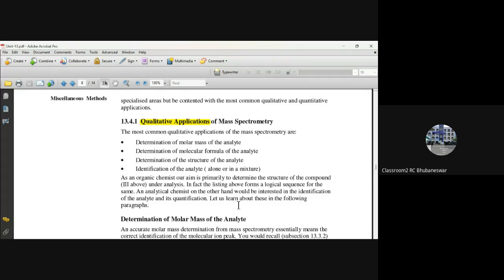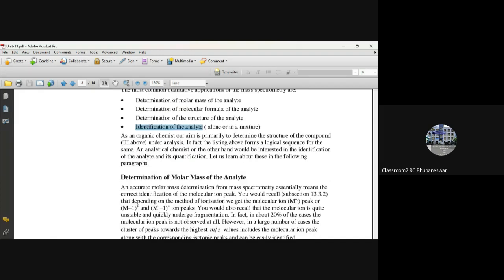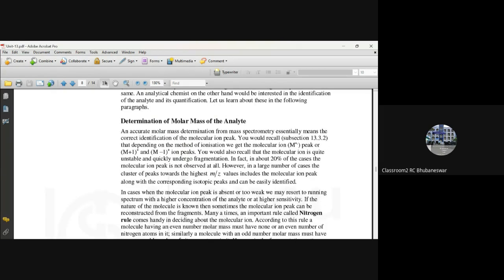So it also helps in determining the molecular formula of the analyte, and the structure of the analyte. Okay, and identification of the analyte it also helps to a large extent. How will you determine the molecular mass of the analyte?